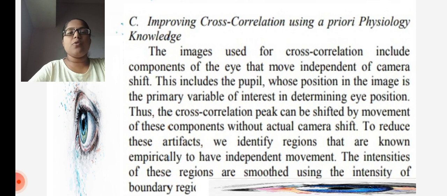Thus, the cross correlation peak can be shifted by movement of these components without actual camera shift. To reduce this artifact, we identify the regions that are known empirically to have independent movement. The intensities of these regions are smoothened using the intensity of the boundary region.